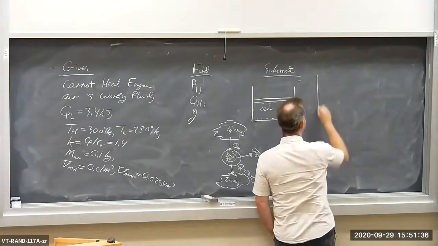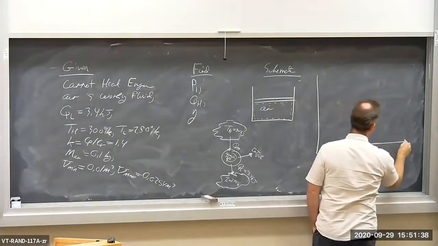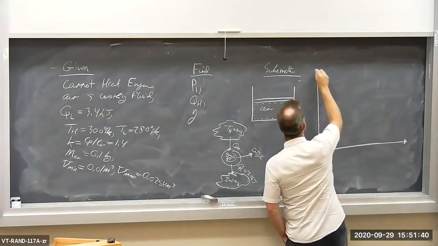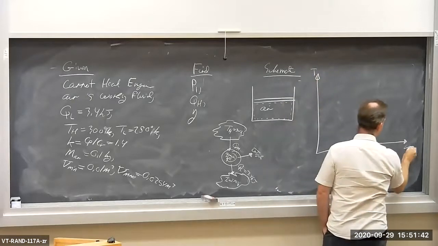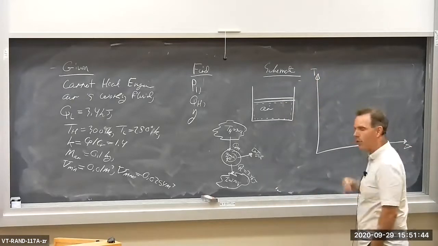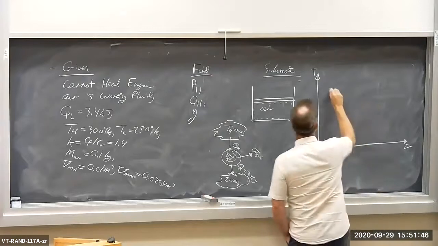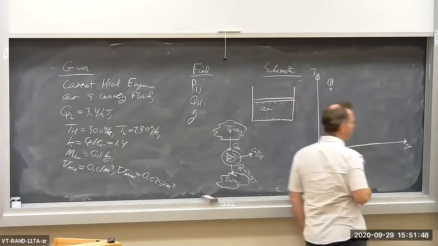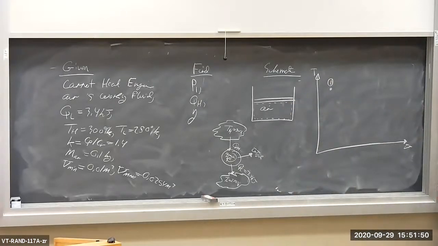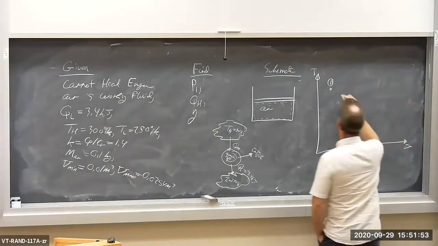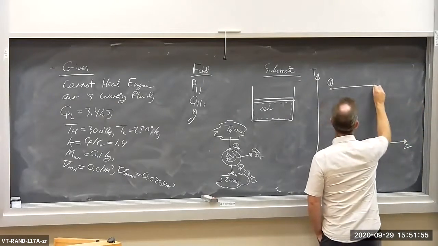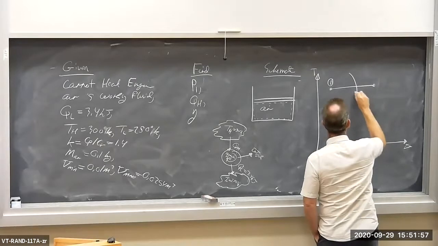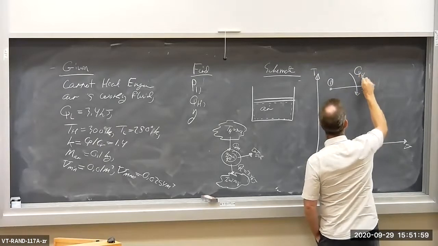You should always put up a TV diagram when you do these kinds of cycle problems. So state 1 is the minimum volume, maximum temperature. 1 to 2, as you recall, for the Carnot cycle is isothermal heat addition from the high temperature reservoir.